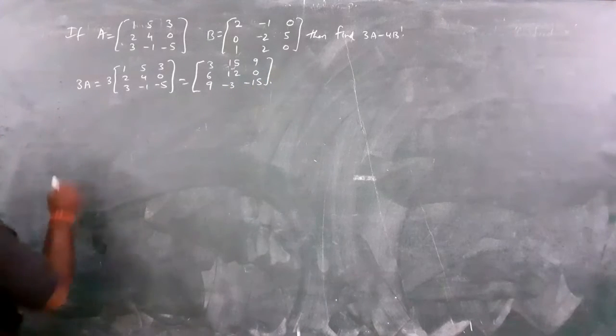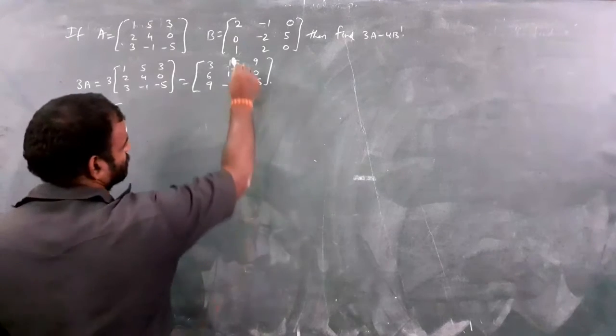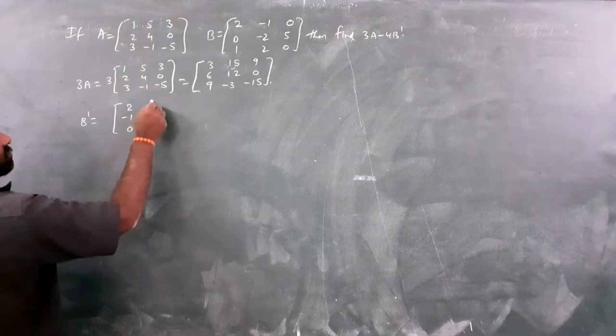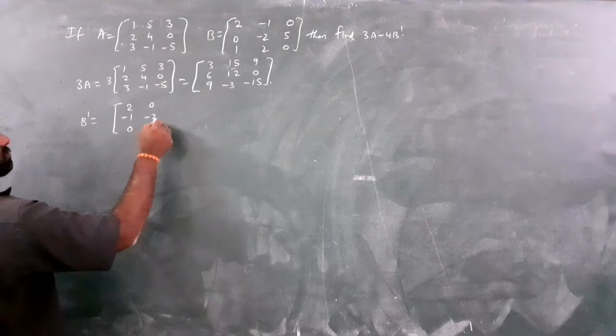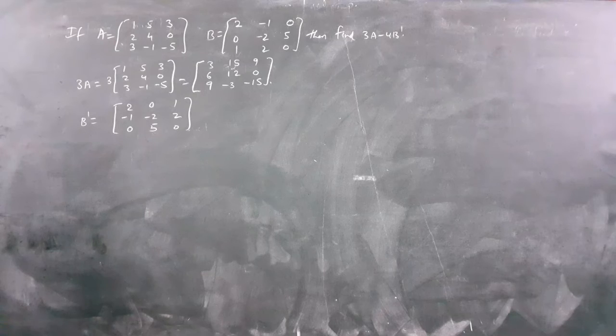This is 3A. Now you are going to find B dash. This is B, so for B dash it becomes 2 minus 1 0, 0 minus 2 5, 1 2 0. So this is B dash.